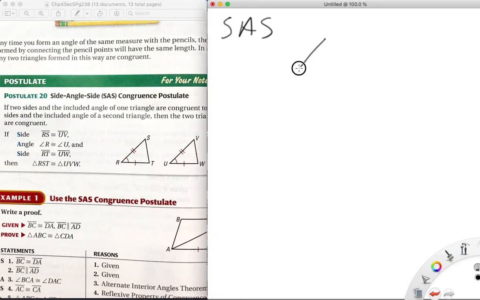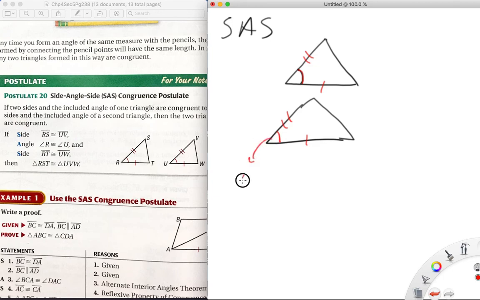So here is a triangle. We have this guy here. We have another triangle. And what it means by included is that the angle has to be in between the two corresponding congruent sides.